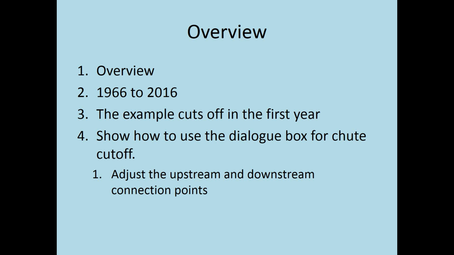This tutorial is going to be the first one that describes the Meander Migration Model and how it's used to simulate cutoffs. And as I will mention more than once, this cutoff capability is what we call a rule-based function. We're not exactly sure how and why cutoffs do occur.